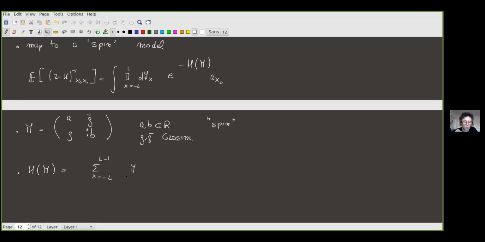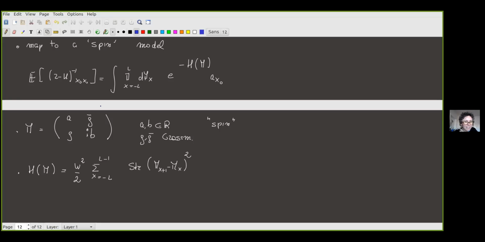When you have Grassmann and real elements, the trace is replaced by the super trace, but it's just the analog of the trace. So here we have the super trace of M(x+1) minus M(x), squared. And now in front, there is no I, so this is nice. This is more similar to the initial problem.